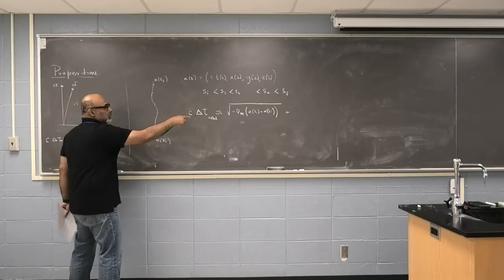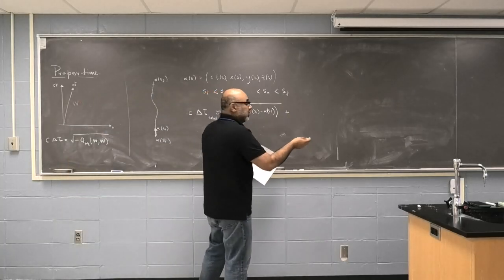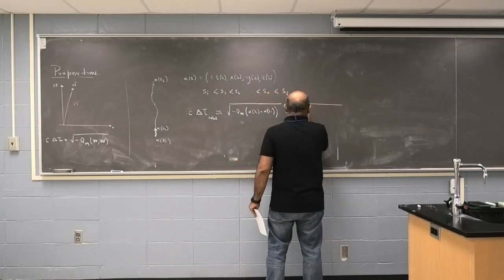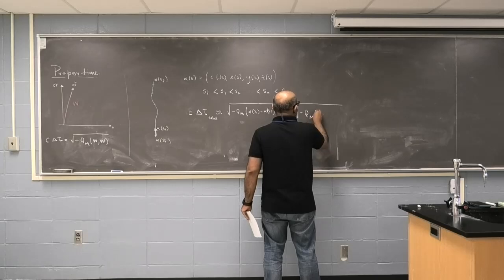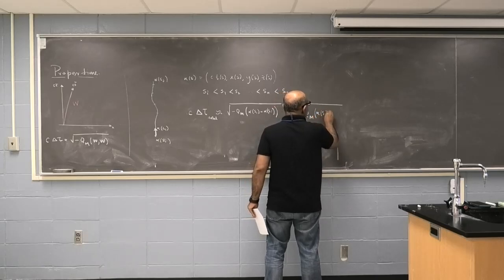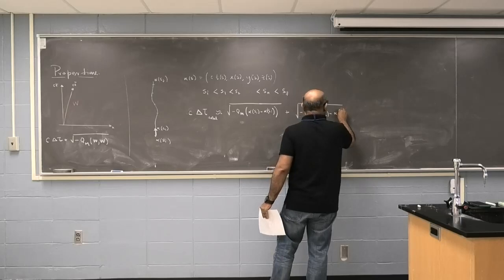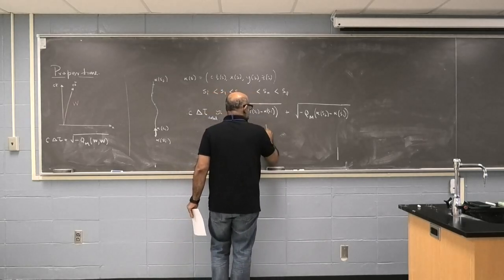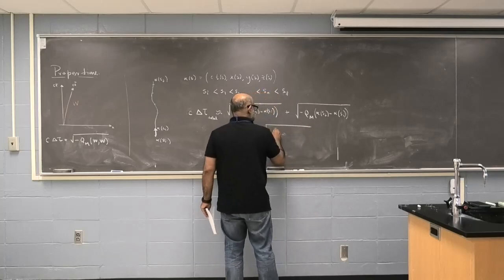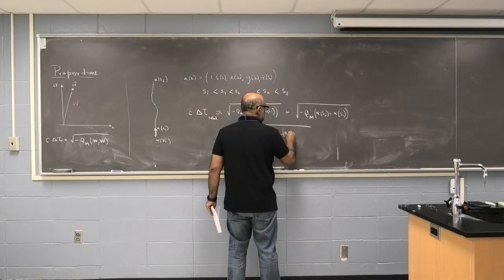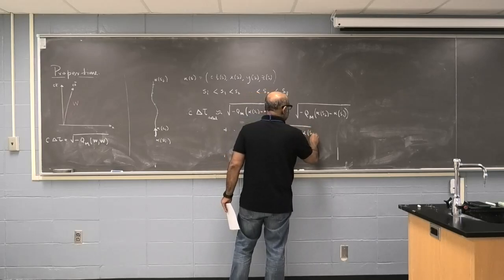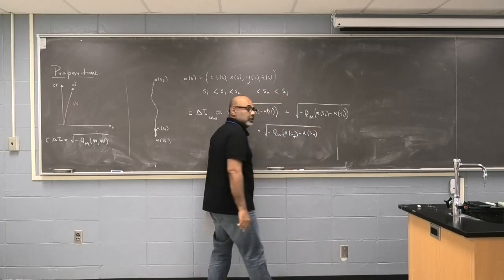That's the first. What would be the next one? s_2 minus s_1. Good: alpha s_2 minus alpha s_1. And then I'll have many. And what's the last one? Alpha s_final minus alpha s_n.